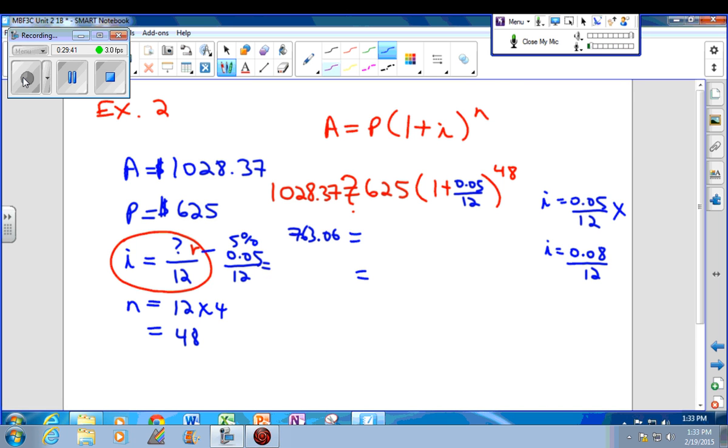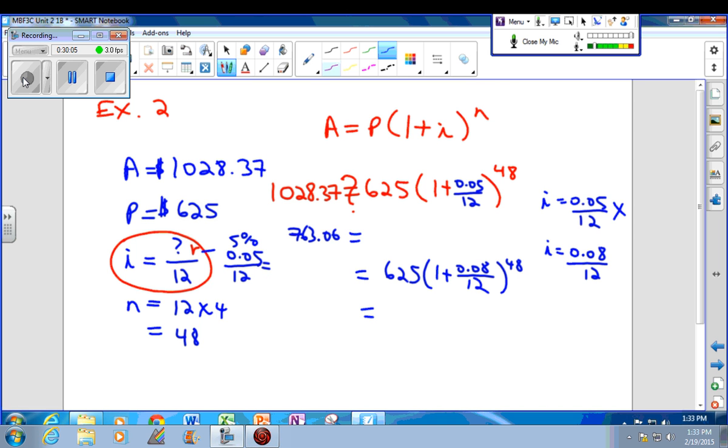We get 625 times 1 plus 0.08 over 12 to the 48. All right, let's try it. So it's 0.08 divided by 12 plus 1 to the 48 times 625.